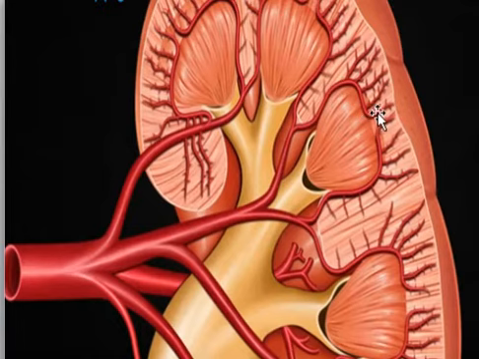Then it enters the renal corpuscle through the afferent arteriole, and leaves the corpuscle by the efferent arteriole. This is the blood supply, which then returns by the venous system, from the renal vein to the inferior vena cava.